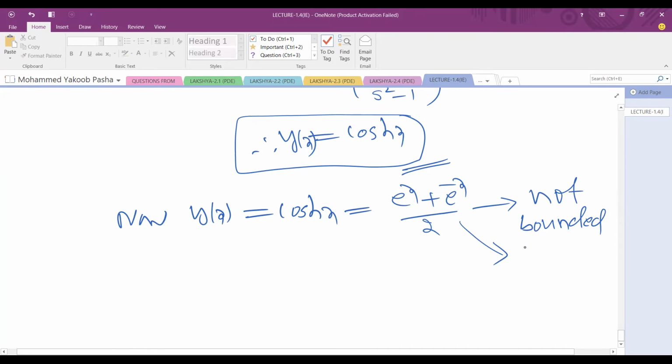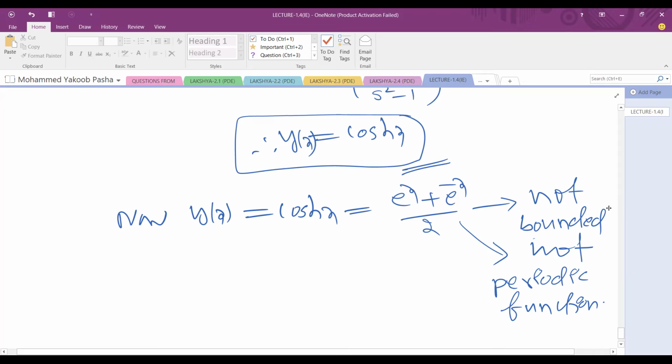Cos x is a periodic function with the period 2 pi. What about cos hx? No, cos hx is not a periodic function. You can check in trigonometry: cos x is periodic with the period 2 pi, but cos hx is not periodic.